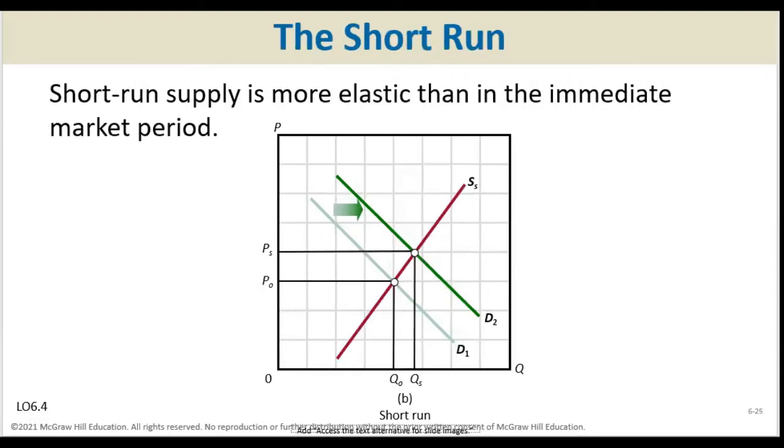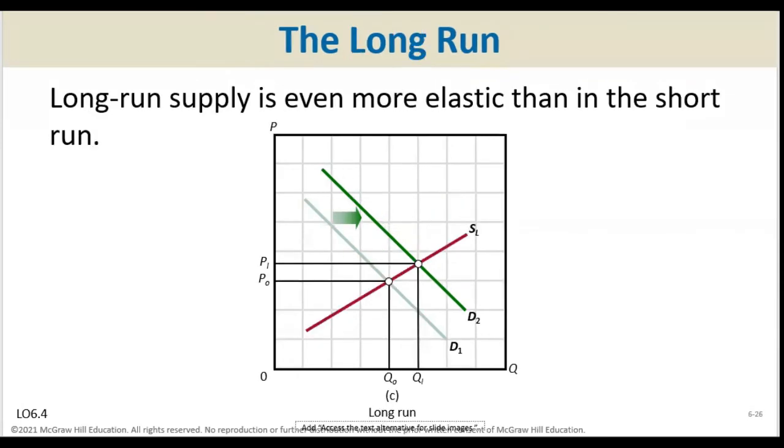In the short run, a little flexibility. There's enough time to adjust the output by increasing or decreasing only the variable input, not the fixed input, right? Only the variable input. So you have flexibility compared to the immediate market period. A little room to maneuver. In the long run, there's enough time to adjust output by increasing or decreasing all your inputs, including the variable and the fixed.